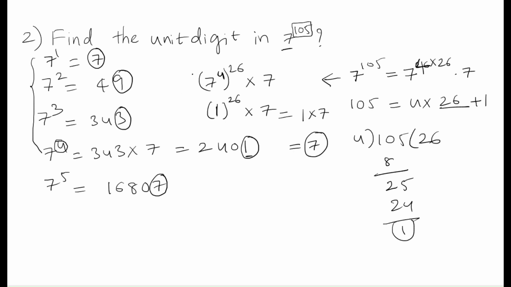So for this total expression, you get 7 in the units place. This is how you have to solve it. You cannot multiply 7 for 105 times, so you have to apply this kind of logic.